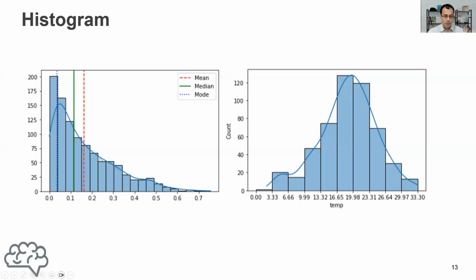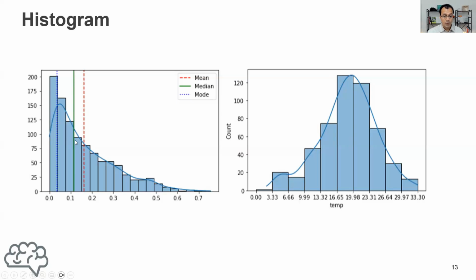So this visual allows us to find the outliers in the data. And it also allows us to observe the trend. What we can see is that as the value of the variable increases, this value here on the y-axis decreases. Another thing that is very important that we can observe here is when we plot, for example, the median and the mean, we can see that the mean is greater than the median.